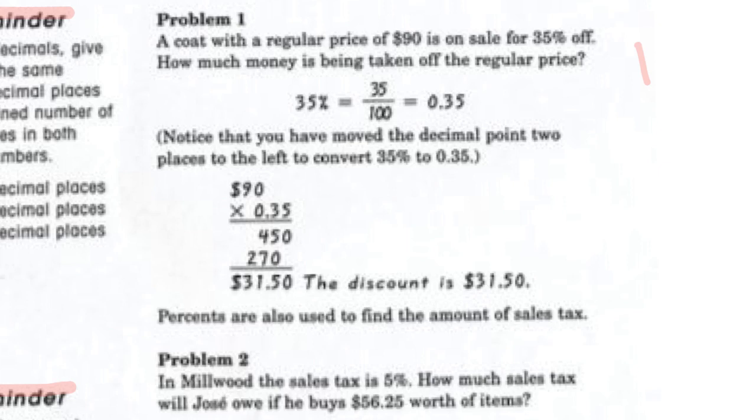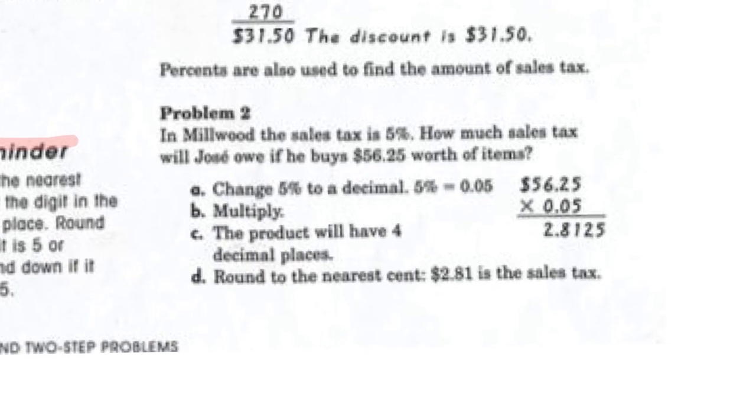On problem number 2, it says in Millwood, the sales tax is 5%. How much sales tax will Jose owe if he buys $56.25 worth of items? So it says to change the percent to a decimal: 5% equals 5 hundredths.